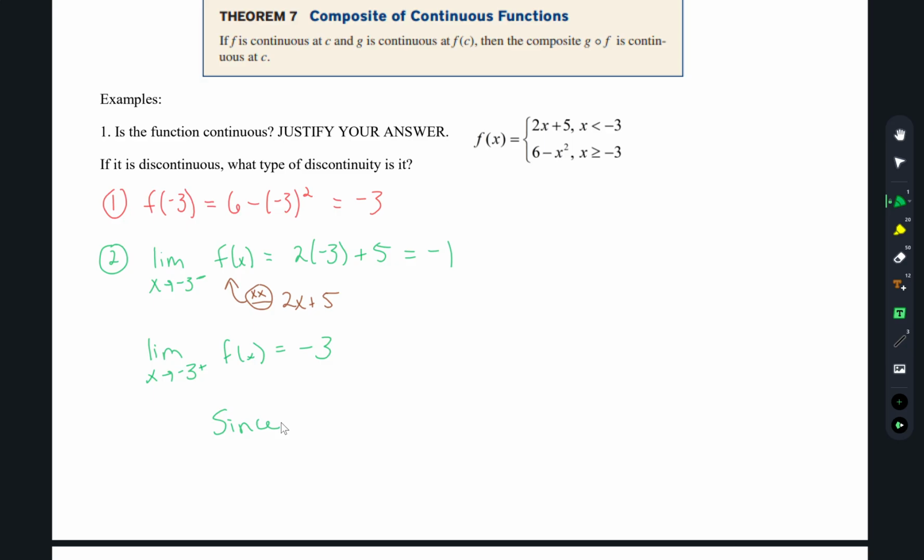The second you get to a step that fails, you can say it's not continuous. Like in step 1, if it didn't exist, you could say not continuous, done. You don't have to go through all the steps. So the way you would explain this is you would say, since the limit as x approaches -3 from the left doesn't equal the limit as x approaches -3 from the right, therefore the function is not continuous.